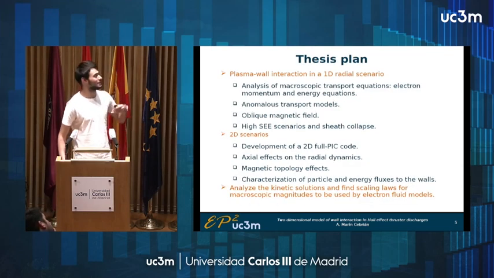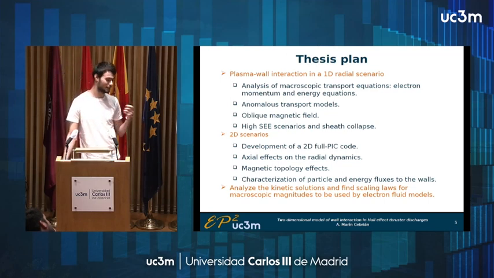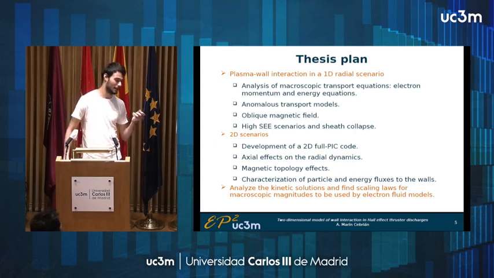My thesis plan starts from simple to more complex. So first we want to start analyzing plasma wall interaction in a very simplified scenario, a 1D scenario. We want to cover mainly the effects of anomalous plasma wall interaction in electron variables.